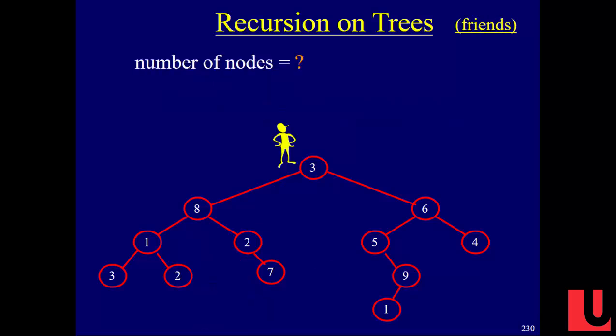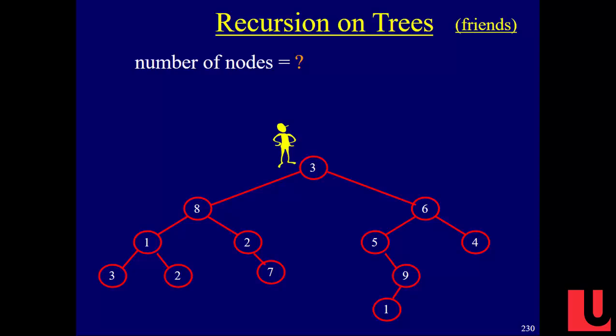All right. Now, we're going to write code to do various simple things, like how many nodes are in the tree. All right? So if this is my tree, what do I do in a recursive program? To the left and right child. Do what to the left and right child? We have friends, right? We can give our friend any input that's smaller.